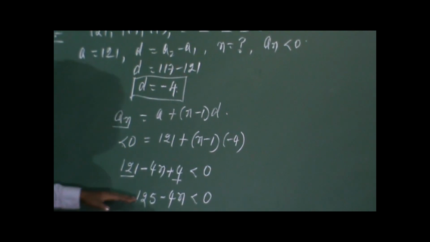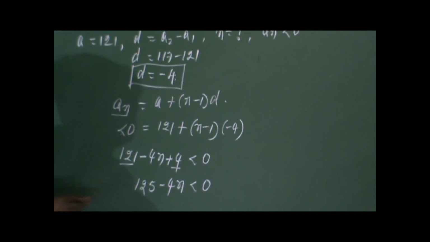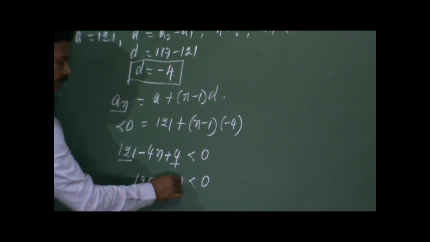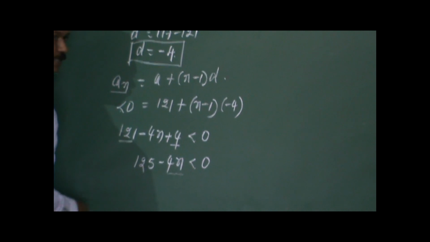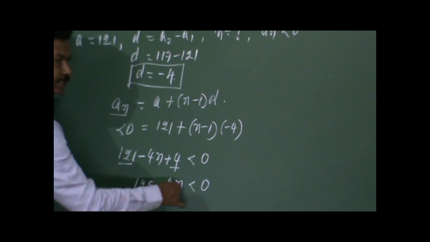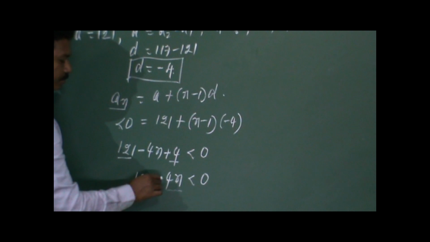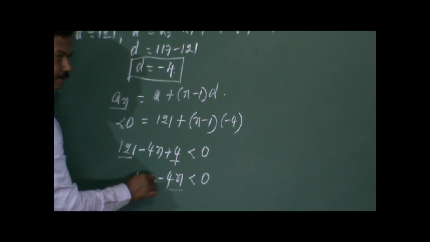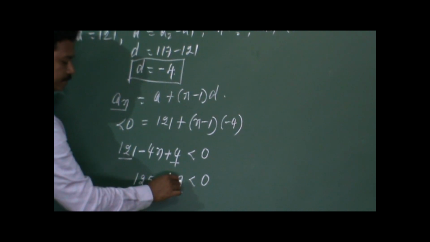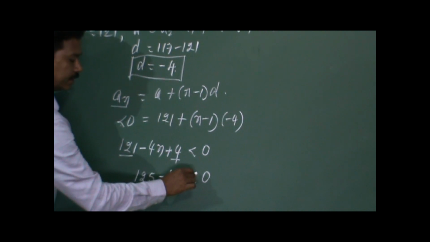See, it's a very simple and important logic. Please try to understand this. 125 is a constant, and 4n keeps changing because when we substitute the value of n, the value of 4n goes on changing. If you subtract 4n from 125, the answer we are going to get is less than 0.